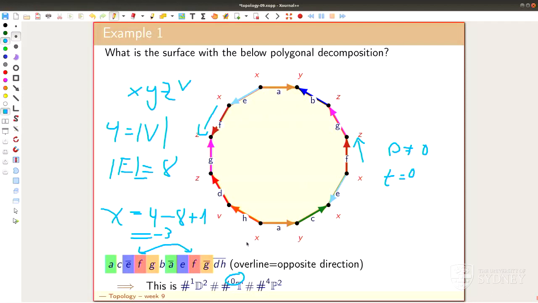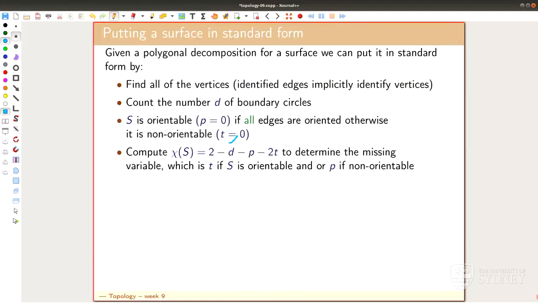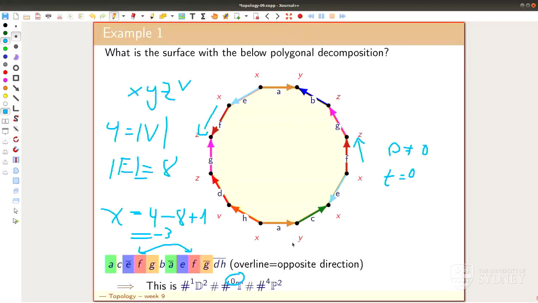If you do the calculation, you will figure out that D is 1, and then you can just solve using this formula. So if D is 1, this one is 0, and this one is minus 3, we just have minus 3 equals 2 minus 1 minus P. So we can solve for P, and we find the standard form is given by 1, 0, 4.